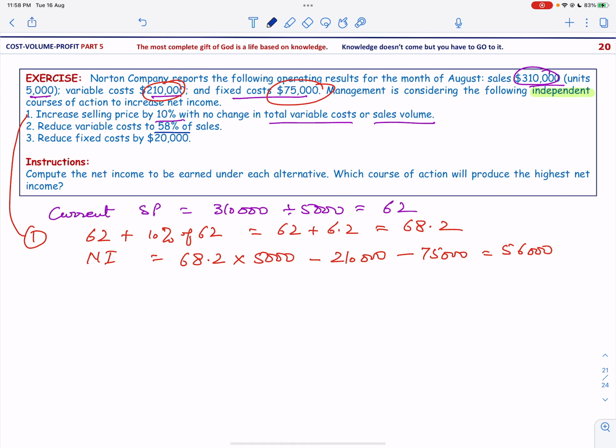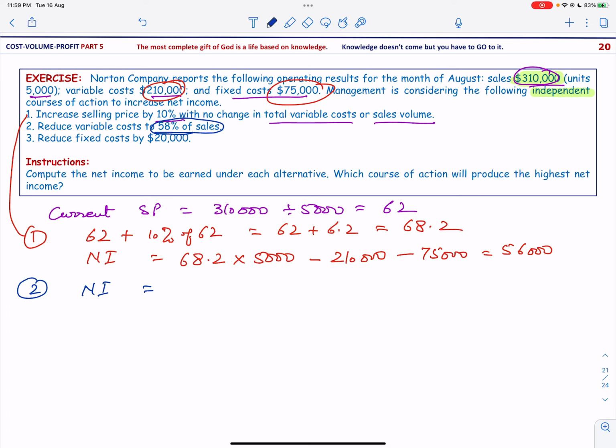Reduce the variable cost to 58% of sales. So the variable cost is going to reduce to 58% of sales. So now we calculate the net income. The sales will be how much? The sales was given to us as $310,000.